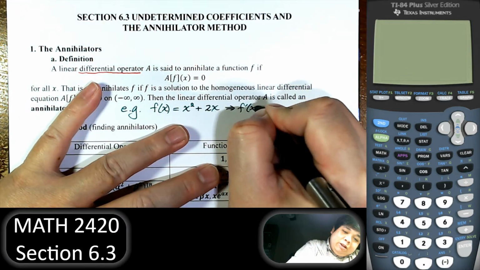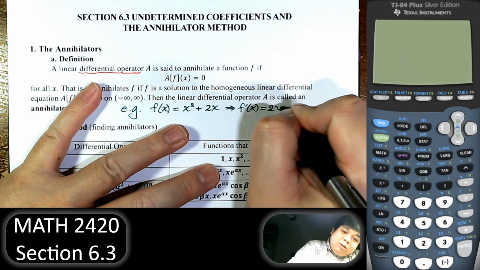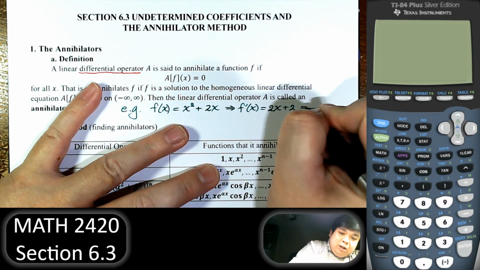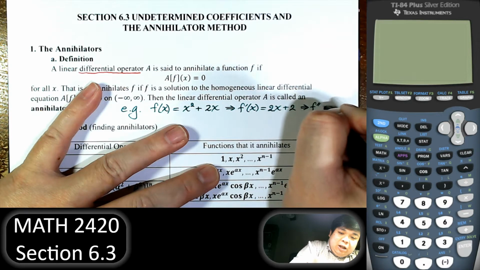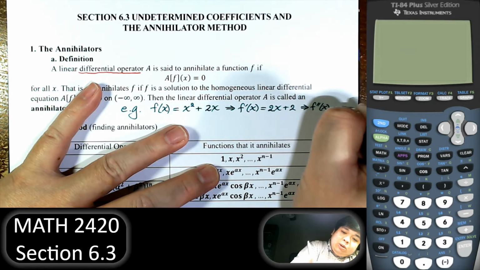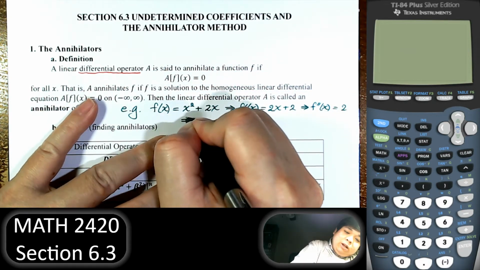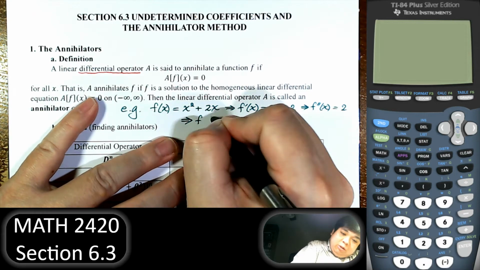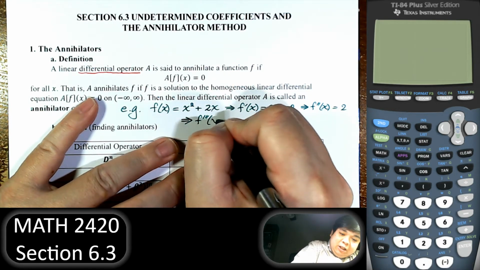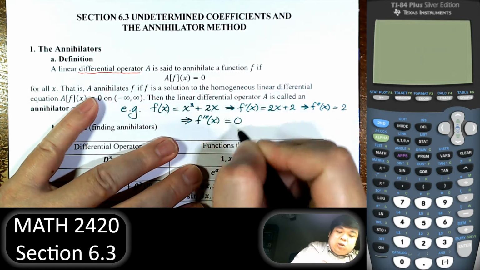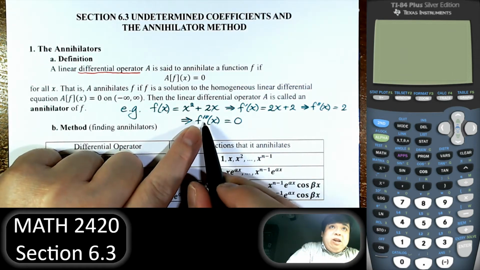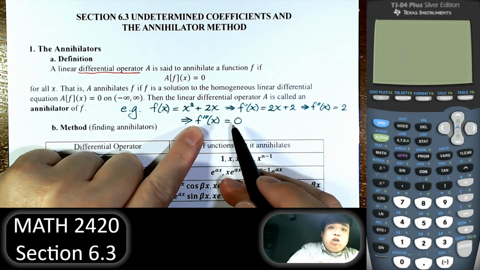The first derivative is 2x plus 2. The second derivative is 2. And if we keep going, the third derivative is equal to 0.